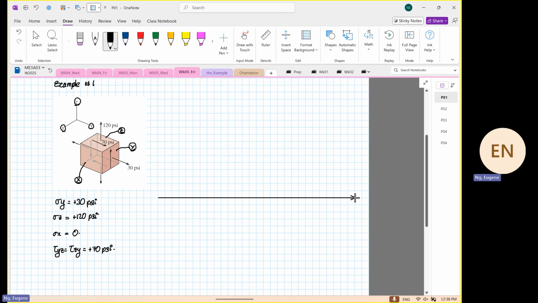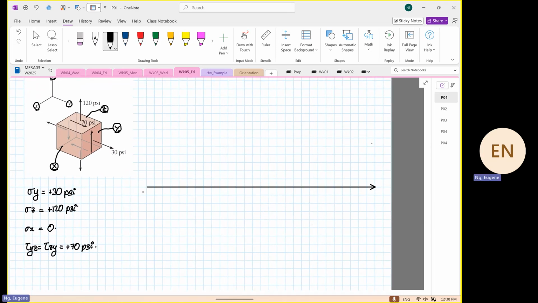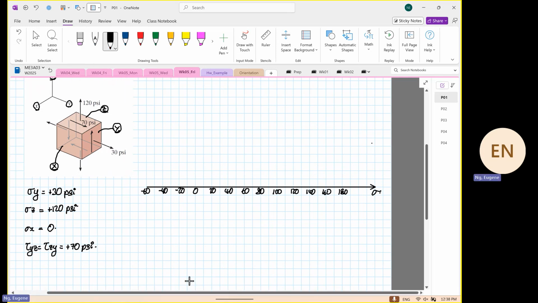This is our x-axis. Okay. So this is our minus 60, 40, 20, 0, 20, 40, 60, 80, 100, 120, 140, 160, 180. This represents our normal stress. Then we will proceed to our shearing stress.